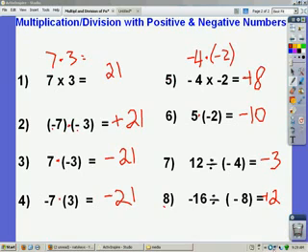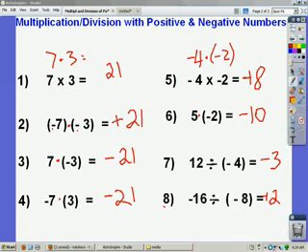As you progress further and further, you should be comfortable seeing either of these examples and knowing that's a multiplication. Anyway, negative 4 times negative 2, both numbers are negative, in other words the same sign, so the answer will be positive 8. 4 times 2 is 8. 5 times negative 2 is negative 10.